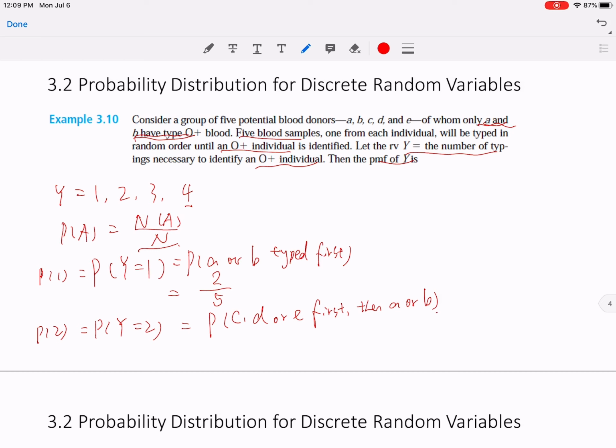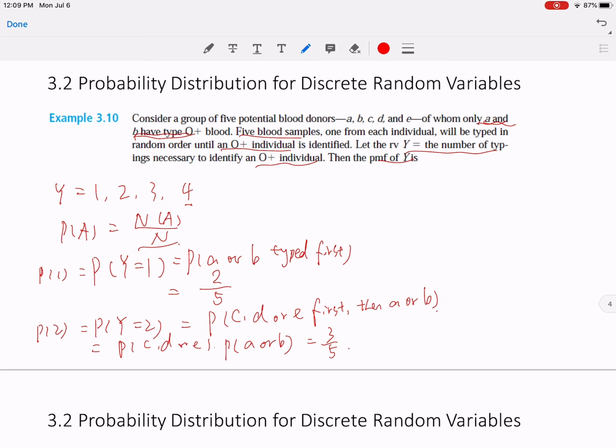So this would be equal to the probability of, say, C, D, or E times the probability of A or B. Now, what's the probability of C, D, or E? That would be 3 over 5, right? We have 5 of them in total, and C, D, or E are 3 out of 5. And then times the probability of A or B, so that would be 2 over 4.